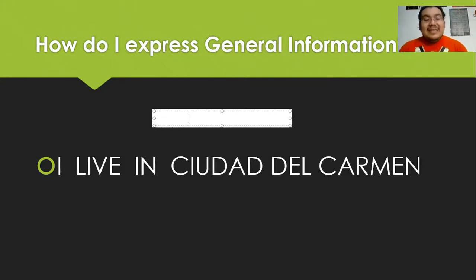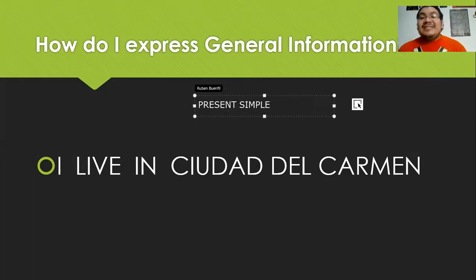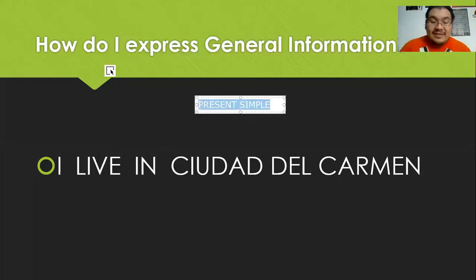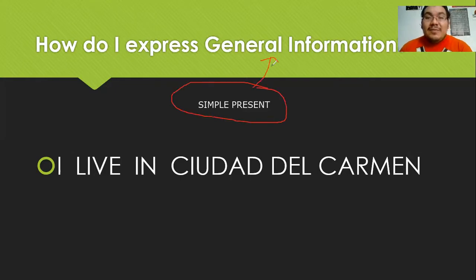This structure is simple present. Es presente simple. Simple present is the structure that we use to talk about general information. Presente simple es la estructura que utilizamos para hablar de información general.